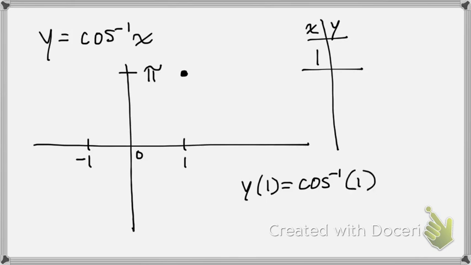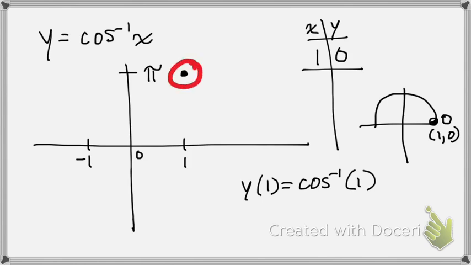And what angle has a cosine value of 1? So that means the x coordinate of 1. And on a unit circle over here at 1, 0 with an angle of 0. So my y value is 0. So I put that point in the wrong place. Should be 1, 0.